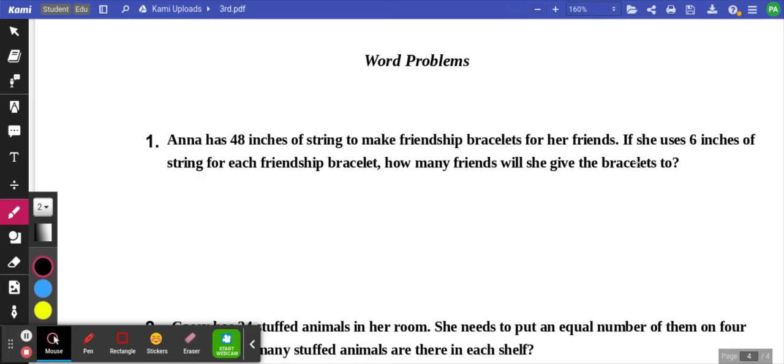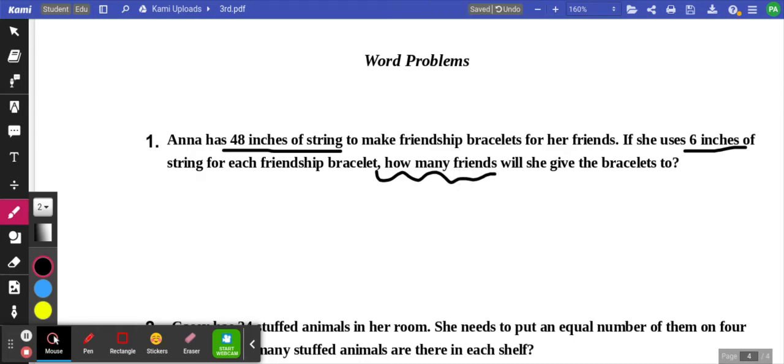If she uses 6 inches of string for each friendship bracelet, how many friends will she give the bracelets to? So let's underline the important information. 48 inches of string, 6 inches for one bracelet. And the question is, how many friends will she be able to make the bracelets for?